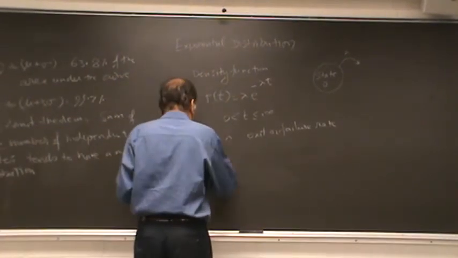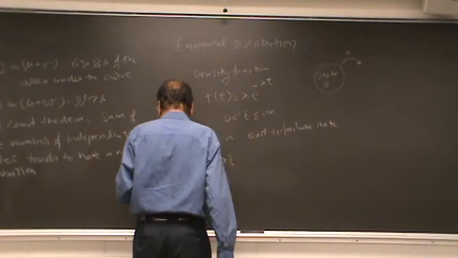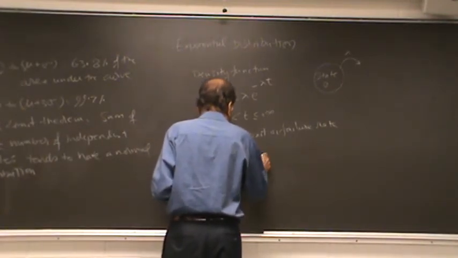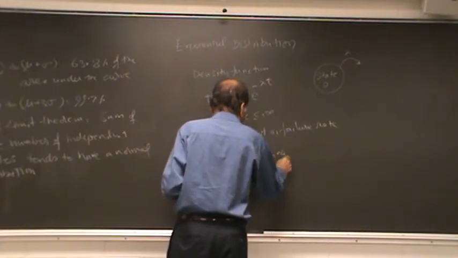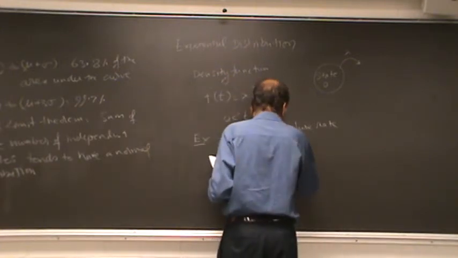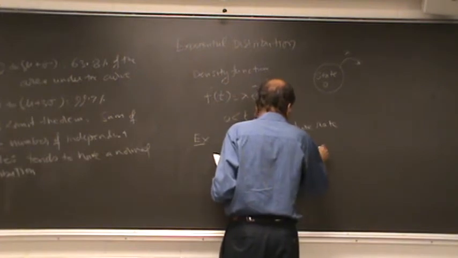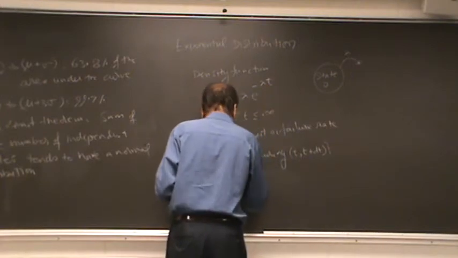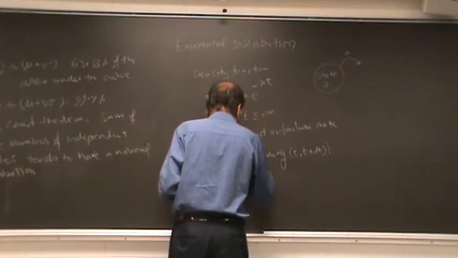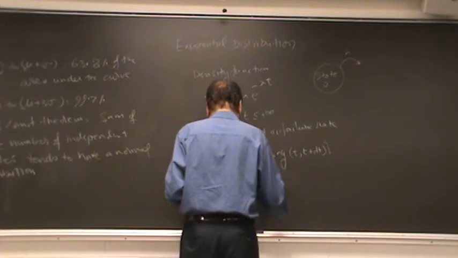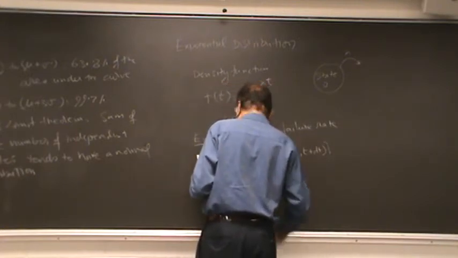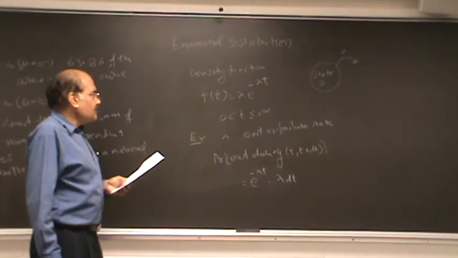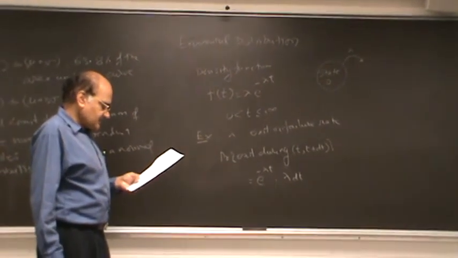So then the probability of an exit during t and t plus dt is given by e raised to minus lambda t multiplied by lambda dt. So here we see the density function.